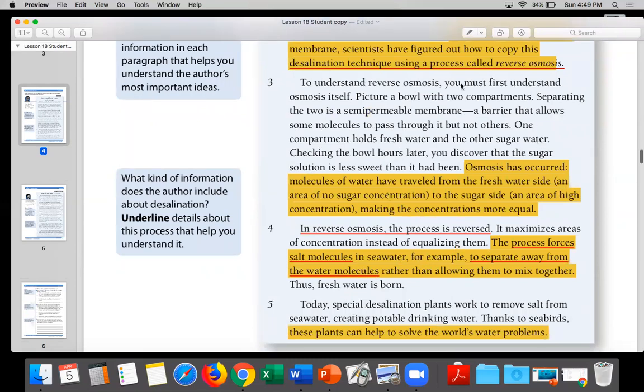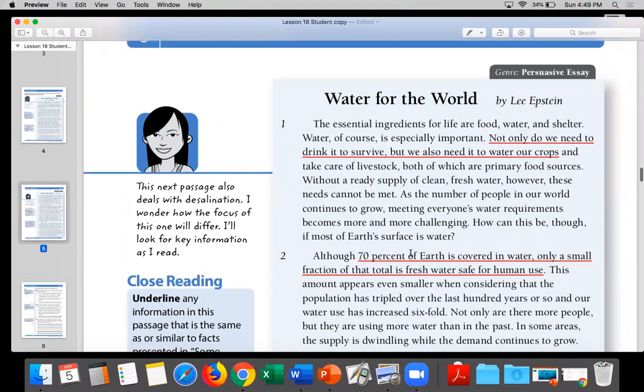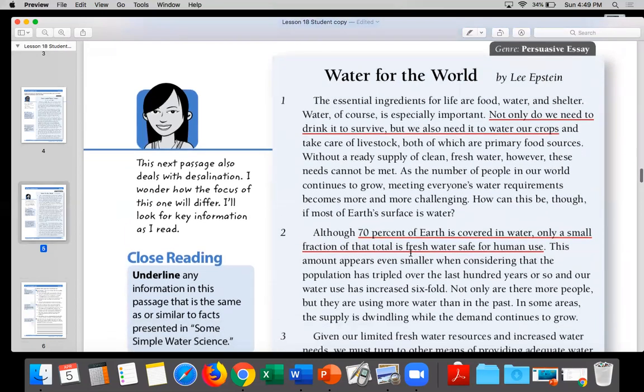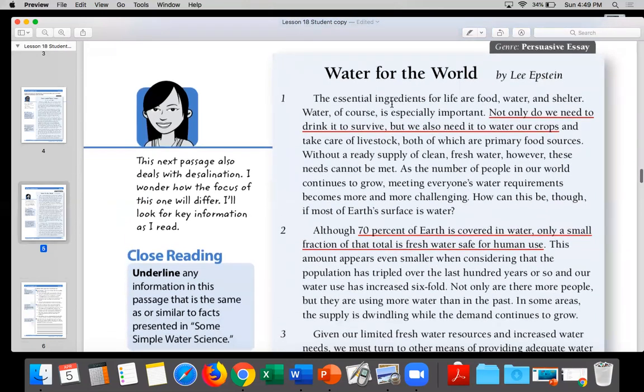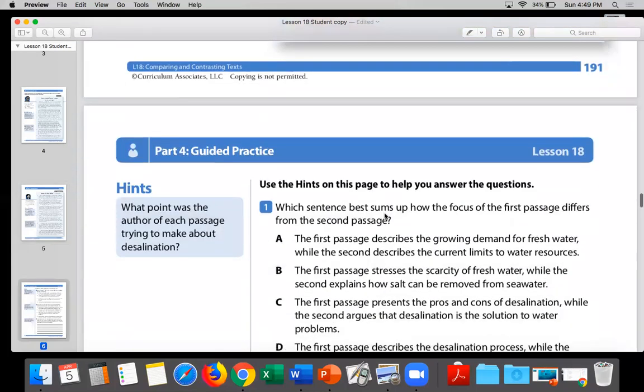It tells us the reverse osmosis method and it explains it to us like using a bowl. And then this one, Water for the World, it tells us that it's essential and that there's a problem because as the number of people in our world continues to grow, meeting everyone's water requirements becomes more and more challenging. How can this be, though? Because the earth is 70% water.